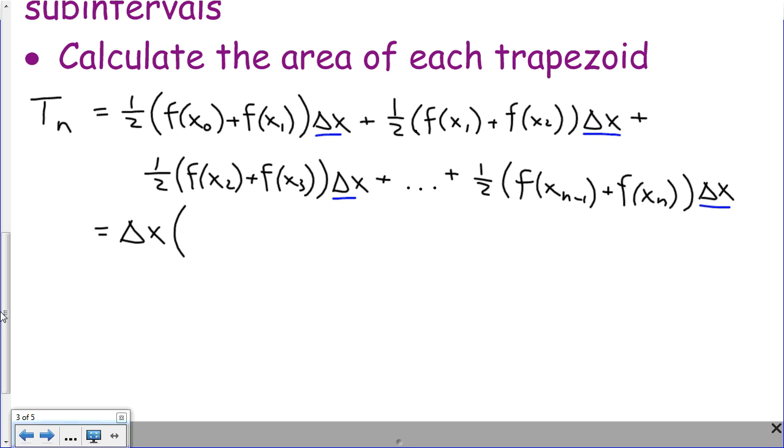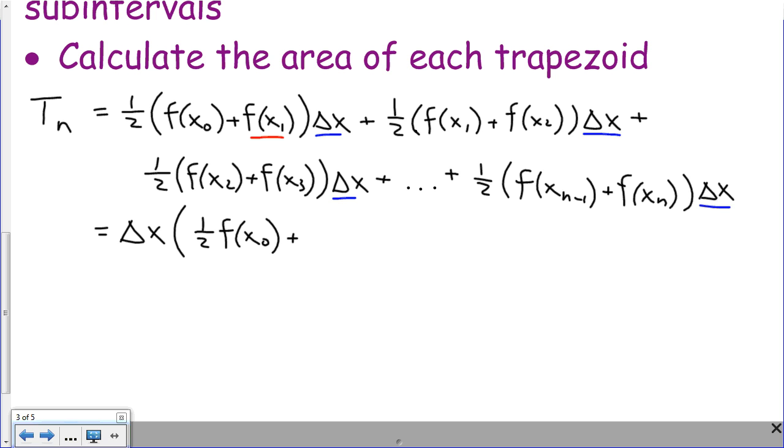So if we look at this very first trapezoid, we had 1/2 of f of x sub 0. So I'll go ahead and write that down. 1/2 of f of x sub 0. And still with the first trapezoid, we can see that we have 1/2 of f of x sub 1.